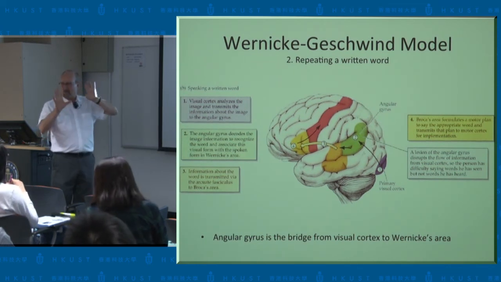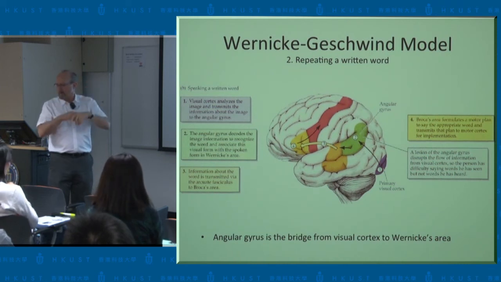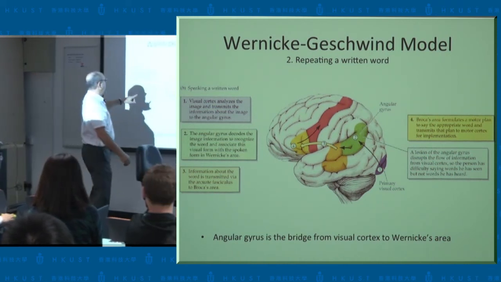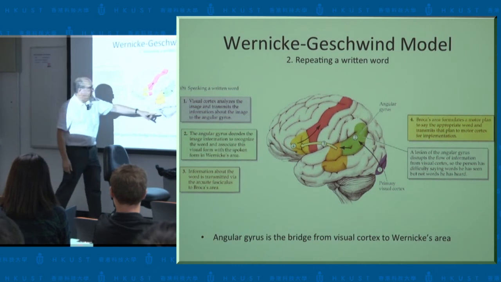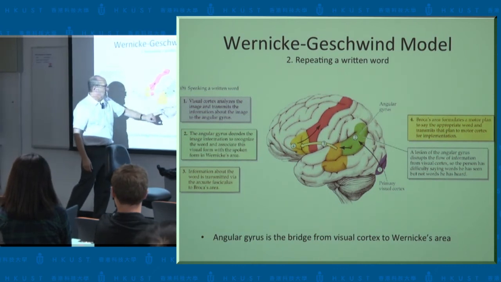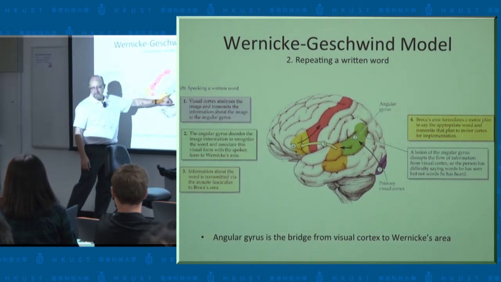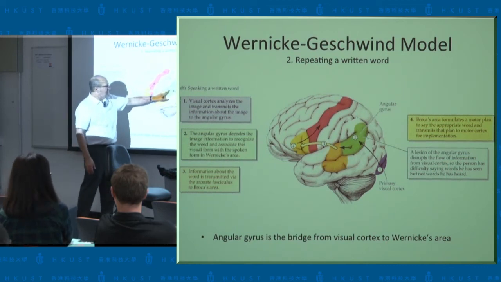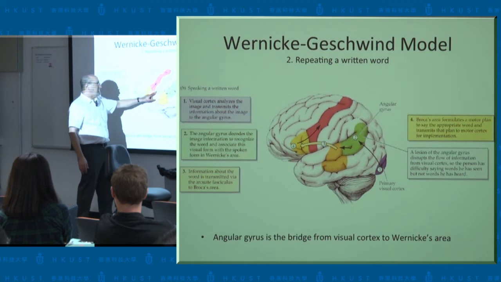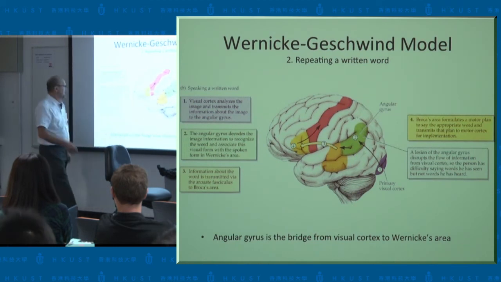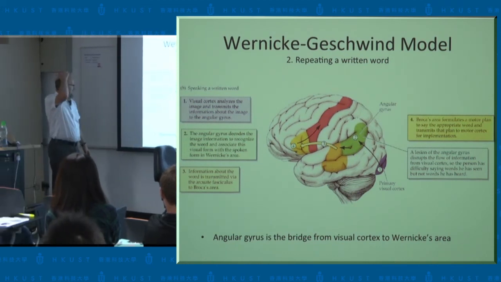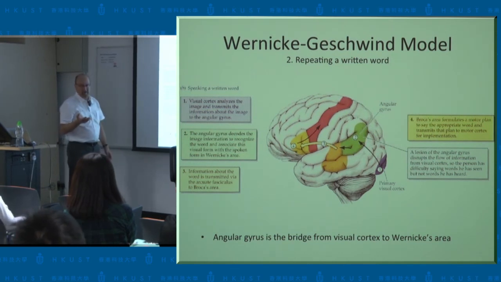So that circuit's already pretty hardwired in there, right? That information has to go to the angular gyrus, which is also where your word association goes from your ear. This one says, okay, now I'm going to go back through, and in this case, I go through, again, the arcuate fasciculus to Broca's area.